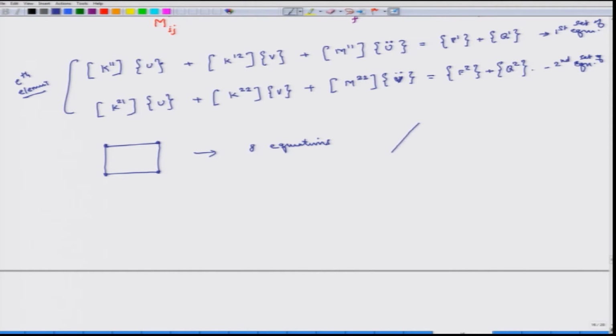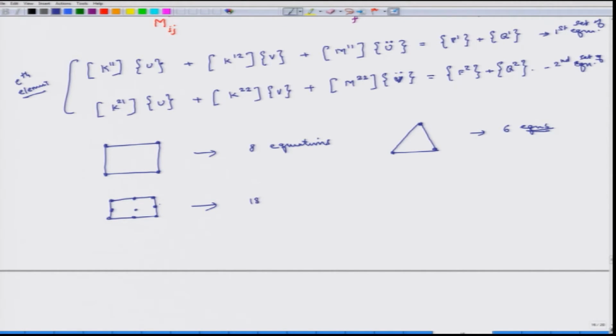If it was a linear triangle, then we will have a total of 6 equations. If it was a quadratic rectangle, then this has 9 nodes, this has 9 nodes.